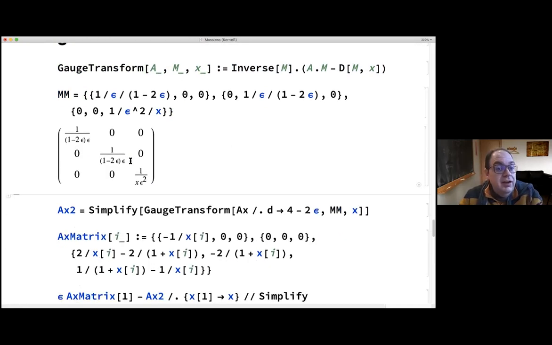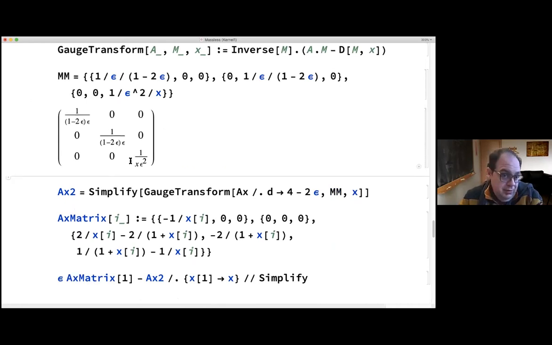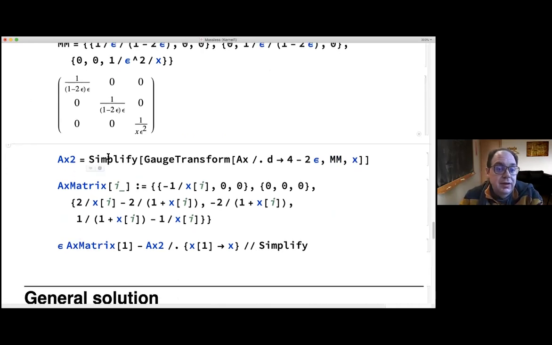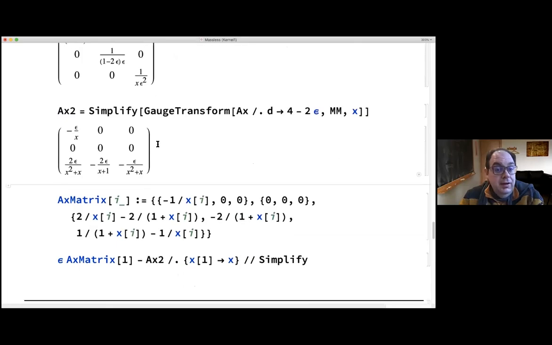I'm just pulling it out of my head. So, for example, there are computer codes that allow you to find it. And also in the lecture tomorrow, we'll explain a bit how this comes about. So let me now do a gauge transformation of my original matrix with this m. And now you see, all of a sudden, this whole thing has become proportional to epsilon.